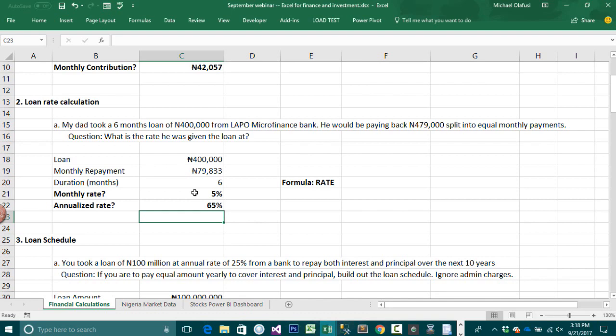So that's one way of analyzing it, because in this case we are doing a monthly repayment, so the rate we get is a monthly rate, and then you can easily annualize it by multiplying it by 12. So that is it for loan rate calculation.